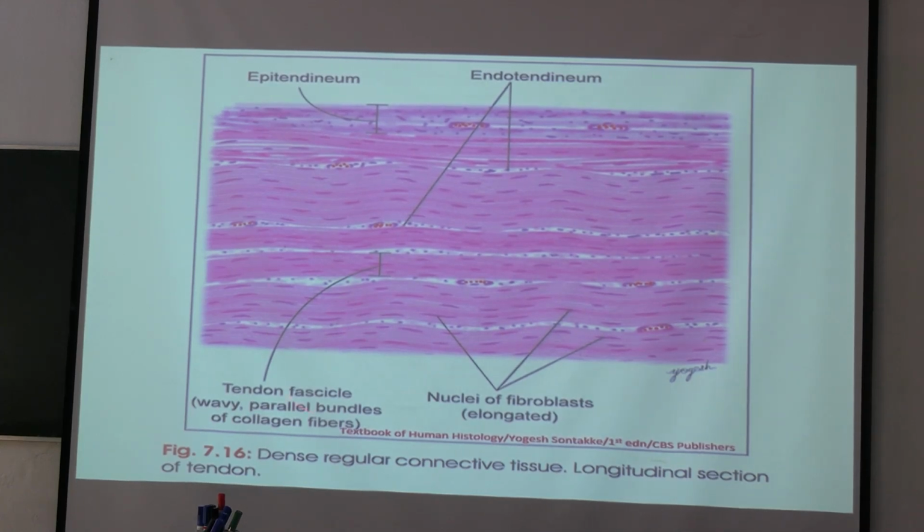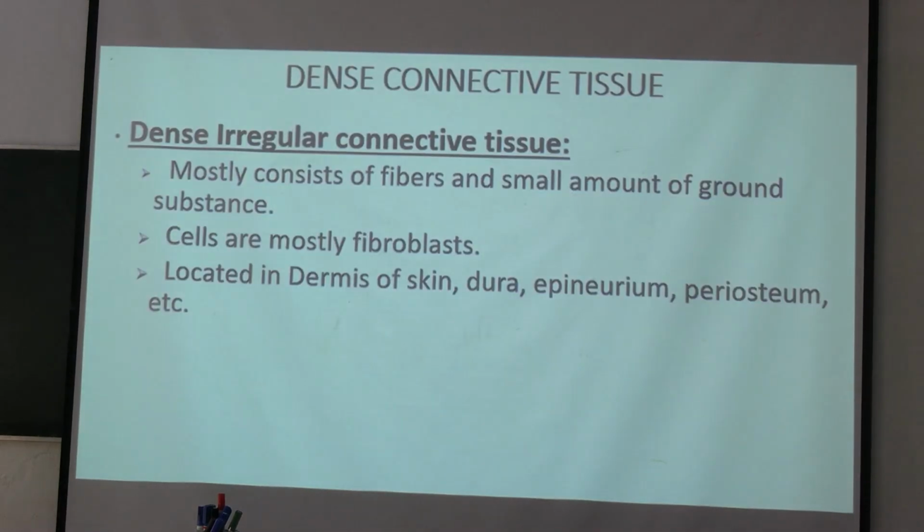The whole tendon is covered by the epitendinium, lying on the outside of the tendon. Next we go to dense regular connective tissue, an example of which is tendon. You write it down: dense regular connective tissue.